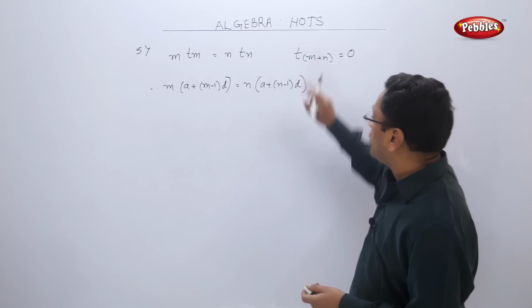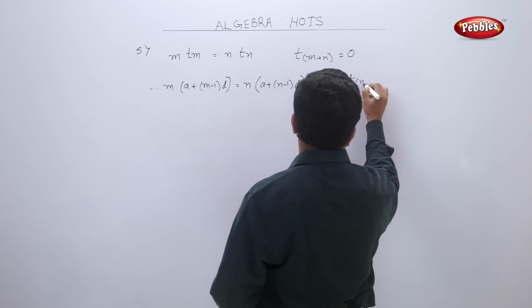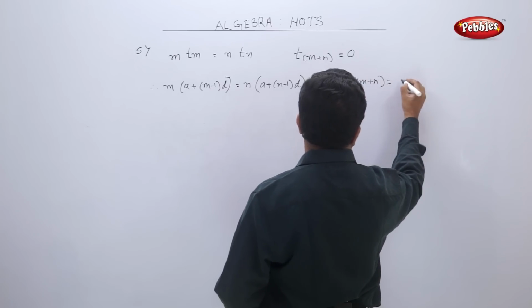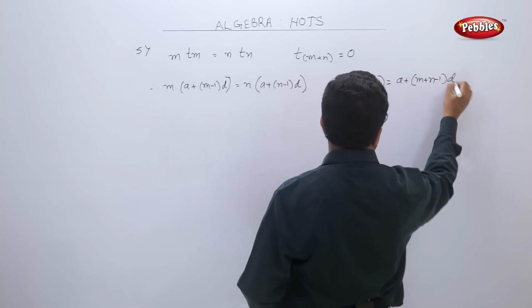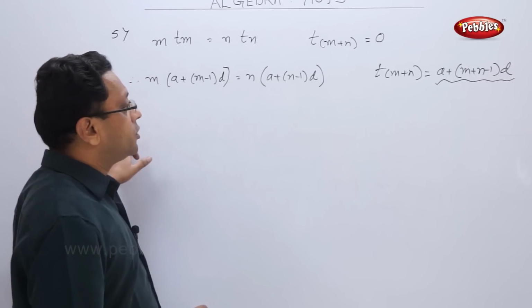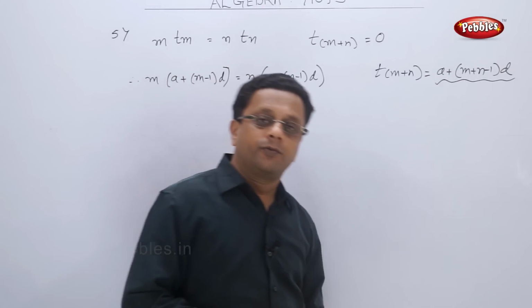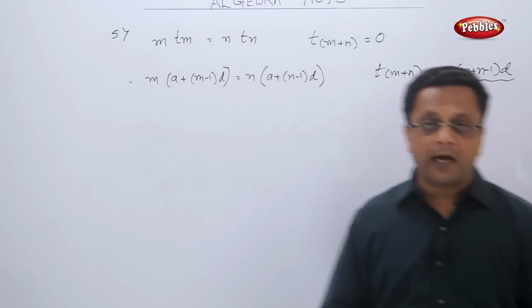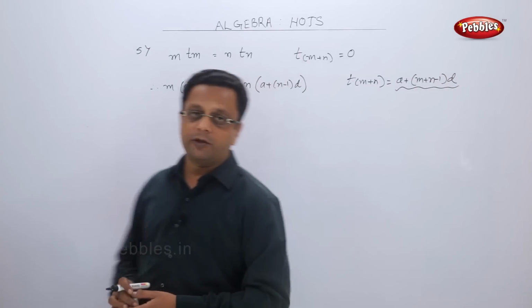And then when you solve for this, what is T m plus n? It is a plus m plus n minus 1 into d. So after solving this, you will get this equal to 0, and hence it is proved that the m plus nth term is equal to 0.